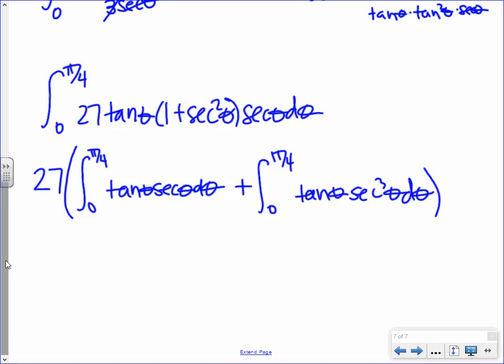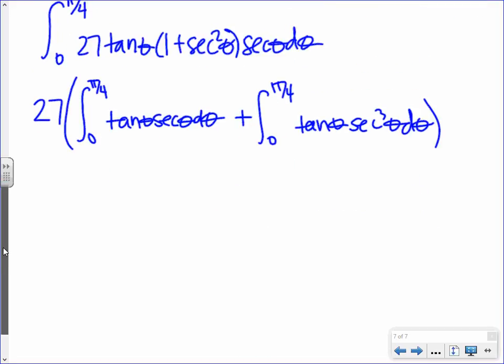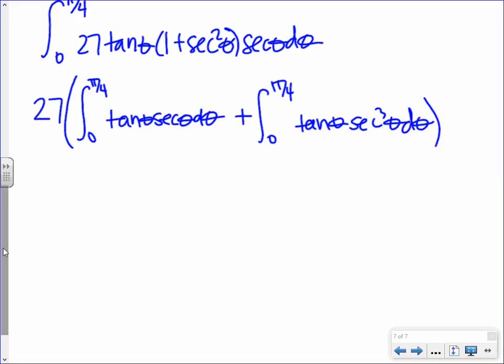So we have tangent secant cubed minus tangent secant. What's the antiderivative of tangent secant?